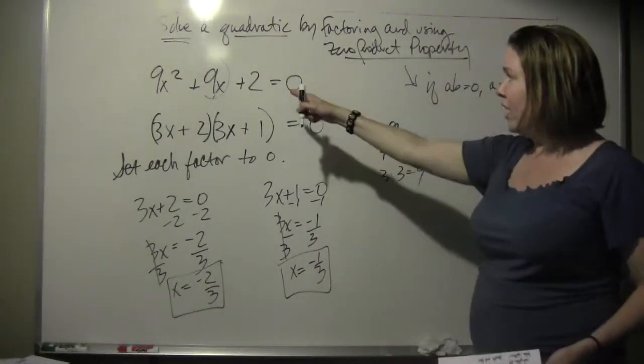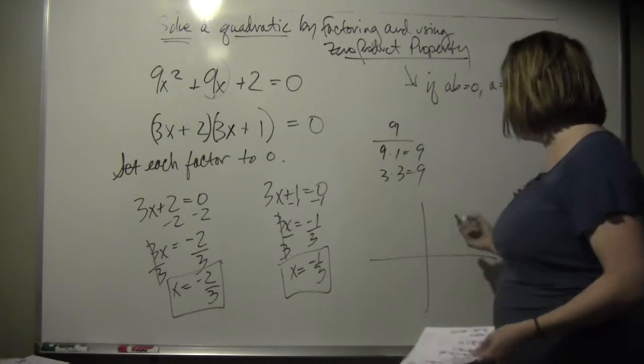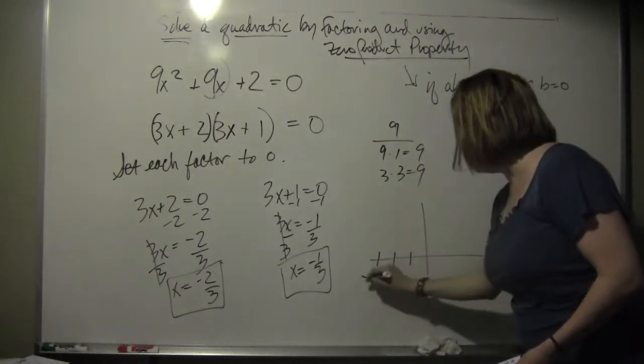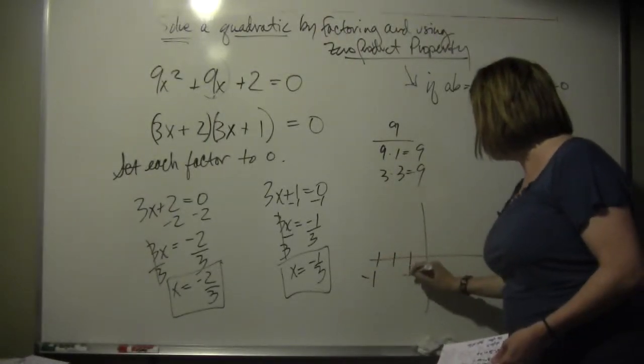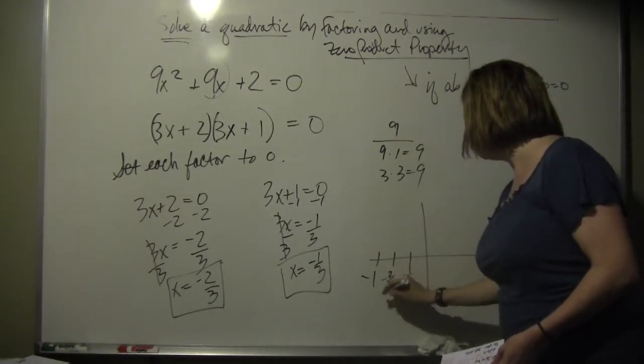Graphically, if you graph this quadratic, so that's a negative 1, right? So this is a negative 1/3, and this is a negative 2/3.